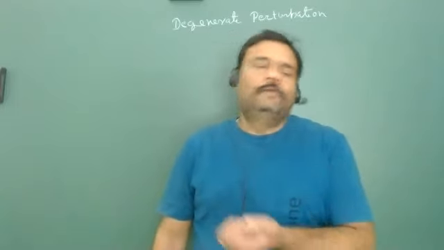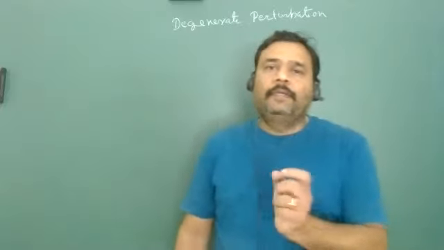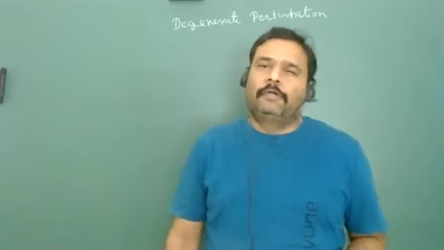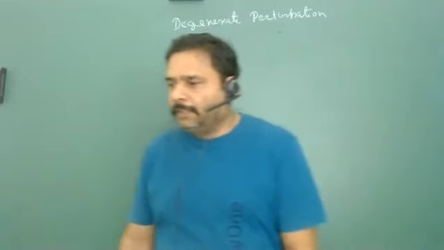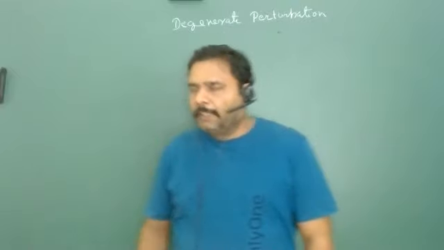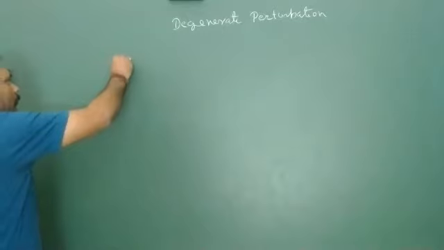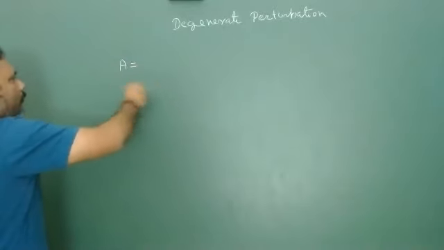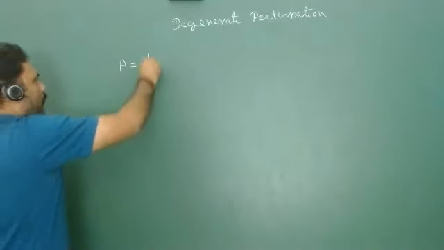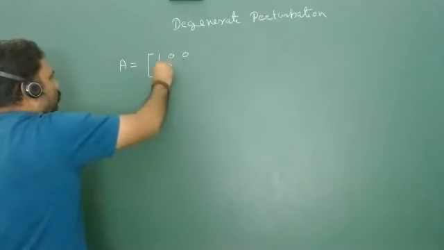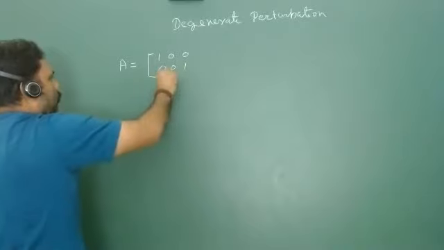I am giving you a very small example, and once we can diagonalize, we can easily solve each and every problem of this topic. Suppose we have a matrix A, a 3 cross 3 matrix: 1 0 0, 0 0 1, 0 1 0.